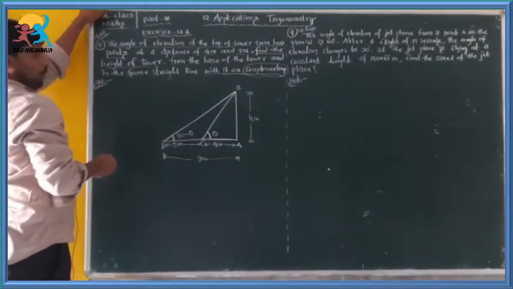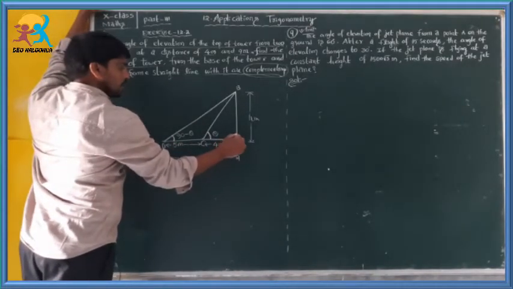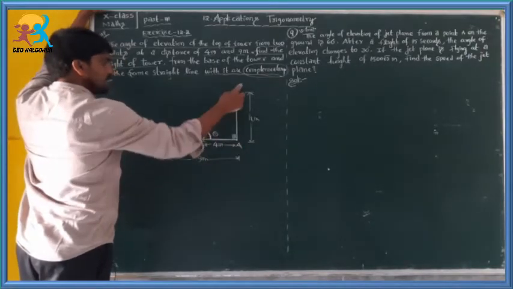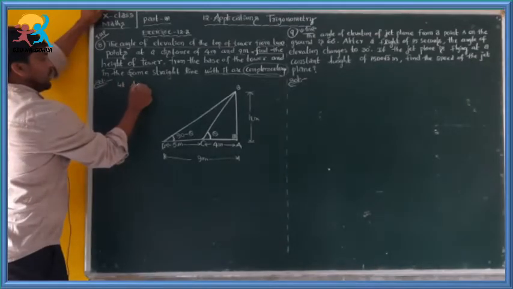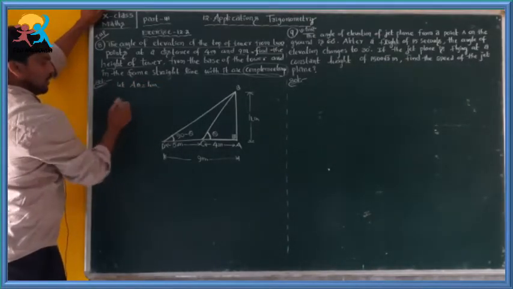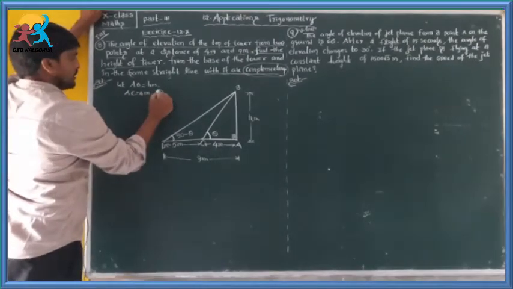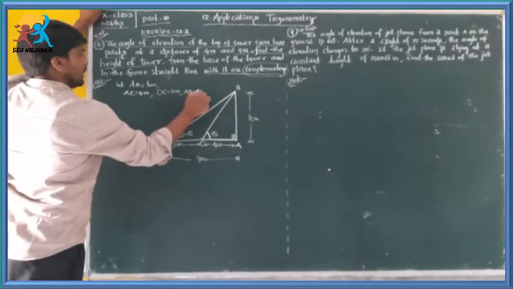No problem. We have two right angle triangles in the figure. The first one is ABC and the second one is ABD. Therefore, given that AB equals h meters, AC is 4 meters, DC is 5 meters, and therefore AD is 9 meters.